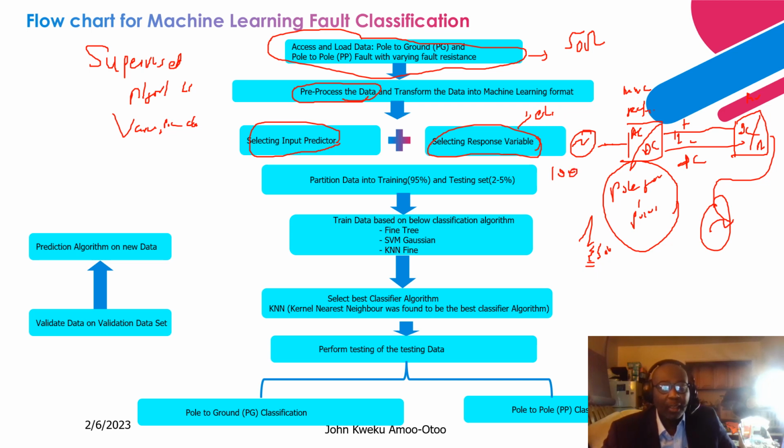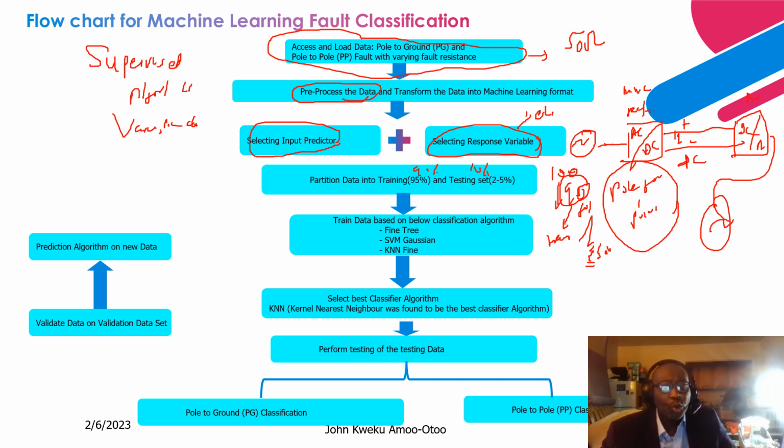You can partition 95% of it, so 95 out of 100 becomes your training data, or you can select 90 or 80%, whichever you feel comfortable with. So if you select 90% as your training data, then your testing data becomes 10%.